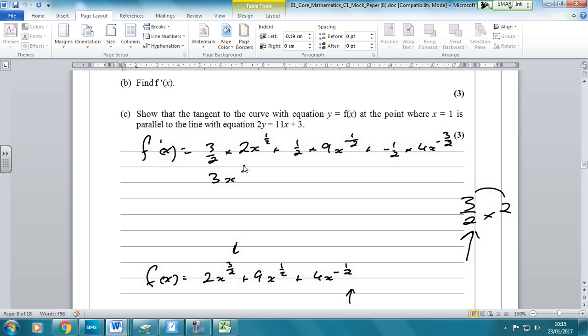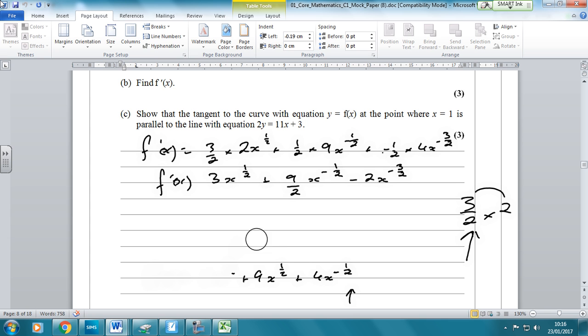So 3x to the power of 1/2. Plus 9 over 2, or 9 halves, x to the power of minus 1/2, and then minus 1/2 times by 4 is going to be minus 2, x to the power of minus 3 over 2. And that's it, that's what we need from f dashed of x.